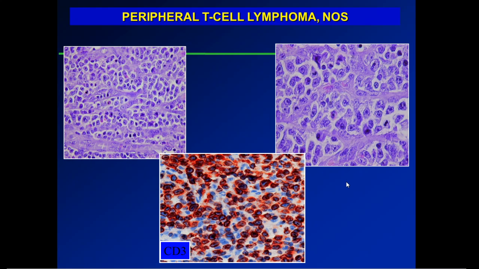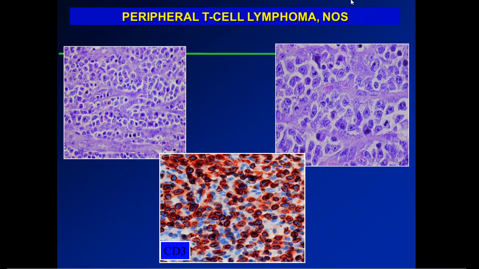And the second group is T-cell lymphomas. The most common is T-cell lymphoma, not otherwise specified, or so-called NOS. This type of lymphoma takes around 30% of all T-cell lymphomas.